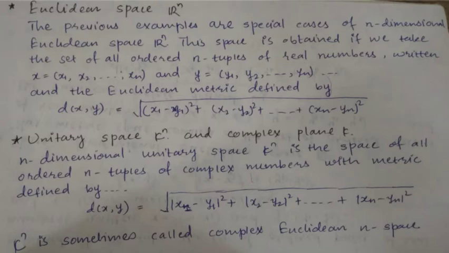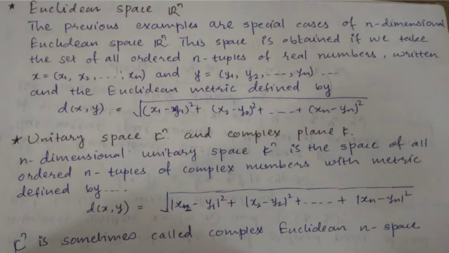The next example is the unitary space Cn. Here C stands for complex numbers and the complex plane C. If in Cn you take n equal to 1, it is the complex plane C. So the n-dimensional unitary space Cn is the space of all ordered n-tuples of complex numbers with the metric defined by d(x,y) is equal to the square root of modulus of (x1 minus y1) whole squared plus modulus of (x2 minus y2) whole squared plus and so on plus modulus of (xn minus yn) whole squared.